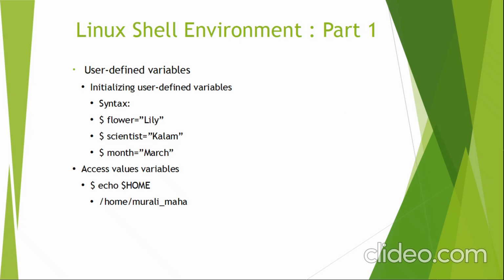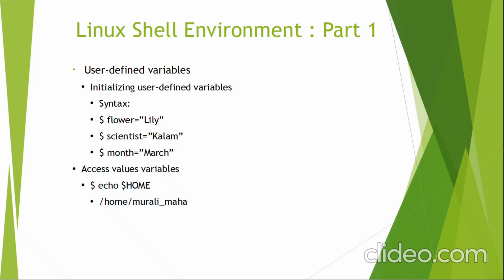How do we access the variables, whether they are predefined variables or user-defined variables? Accessing is like: echo, space, then the variable name prefixed with the dollar symbol. Only when we prefix some string with the dollar symbol does the shell understand that there is a variable existing with that name. If you prefix HOME with the dollar symbol, the shell will look in its environment for a variable called HOME.